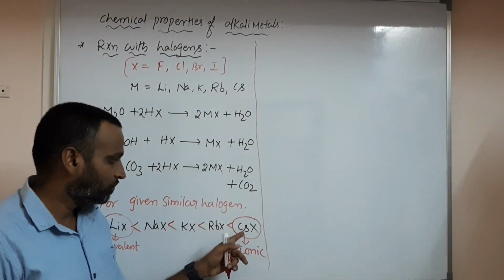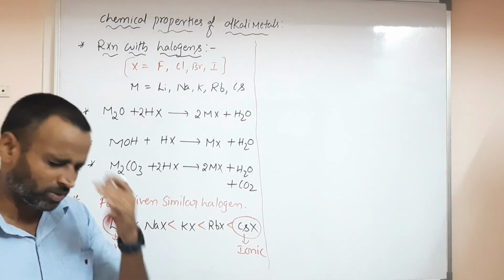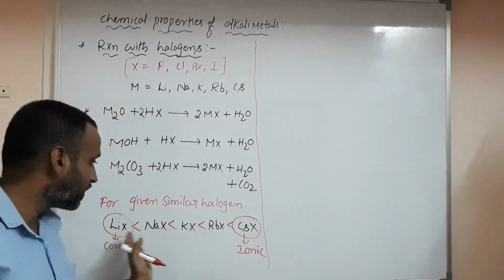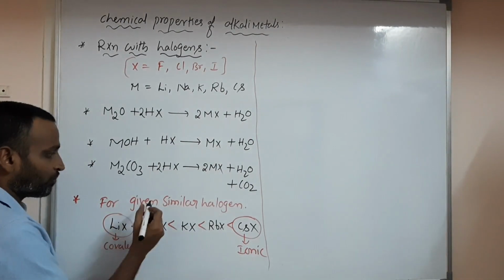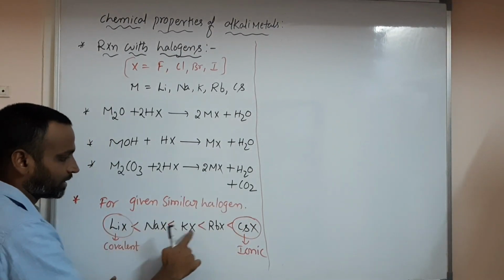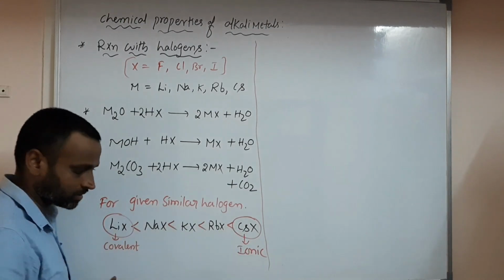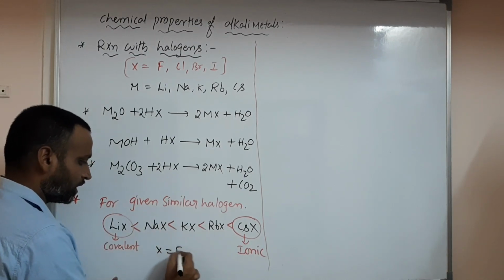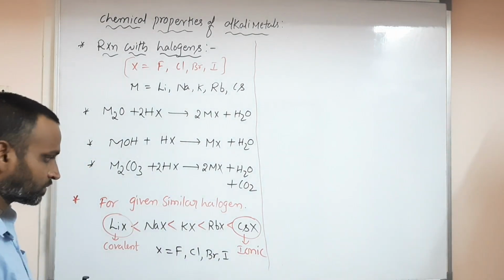And one more, with the same halogen. With the same halogen, ionic nature increases with different alkali metal. So I repeat, for similar halogen, ionic nature increases with different alkali metal. Here X can be particular one, either fluorine, chlorine, bromine or iodine. Understanding?